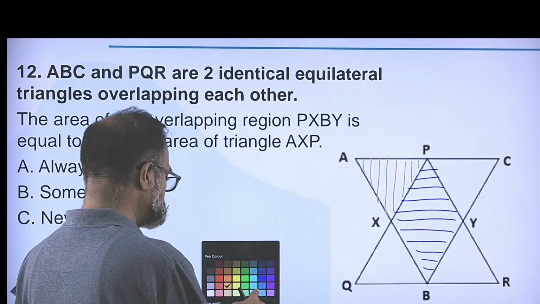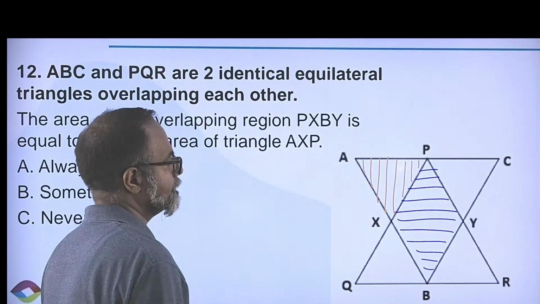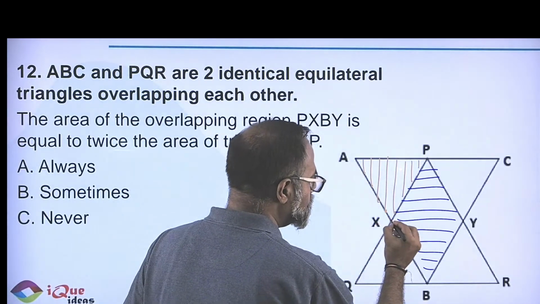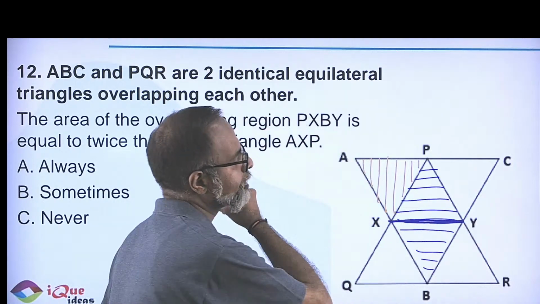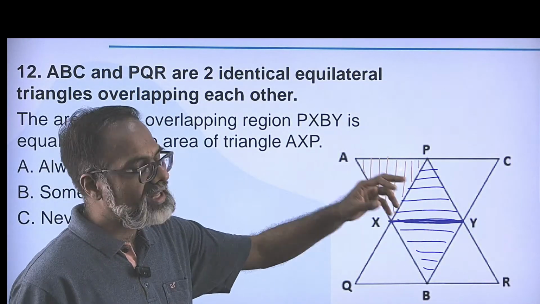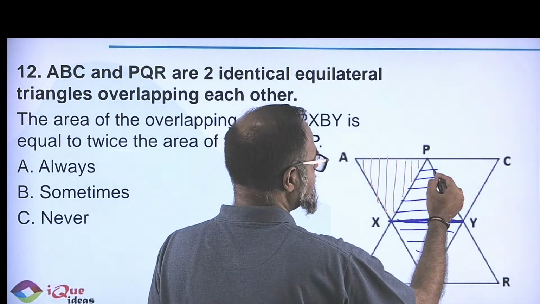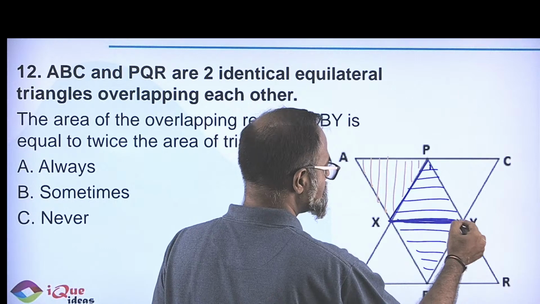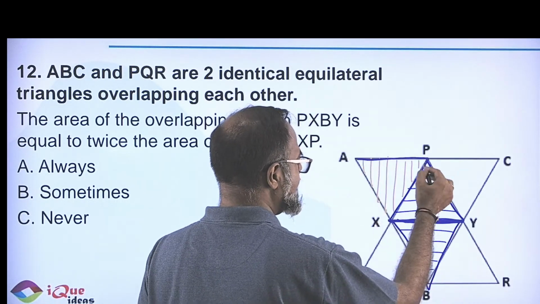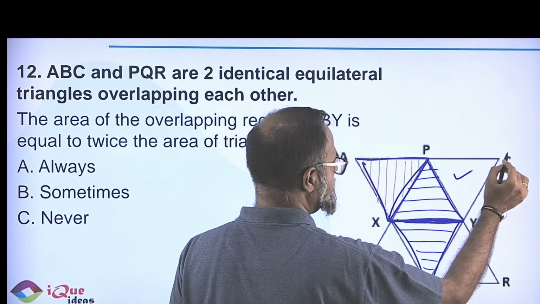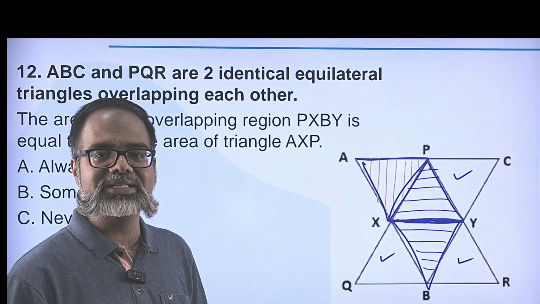So what do I need to do in this case? I'm going to select a thicker pen. Okay. So all I will do is I will draw a line here joining X and Y. And because I know that they are equilateral triangles, everything should be symmetrical, which means this area PXY and XYB and APX along with PCY, BYR, QXB, all of them have to be exactly the same.